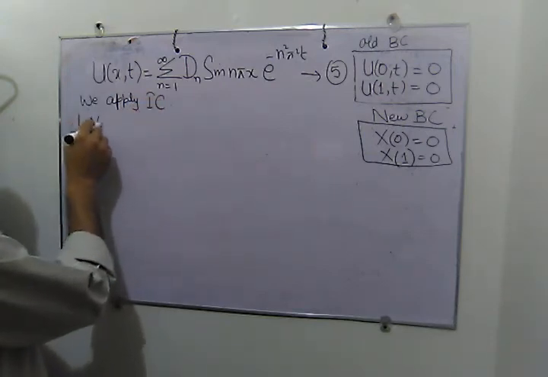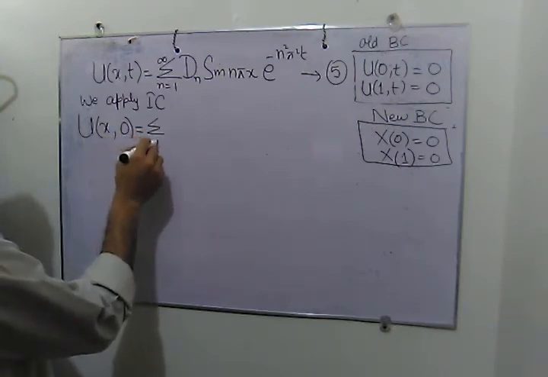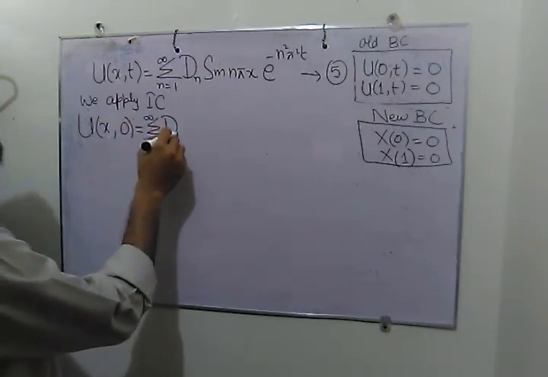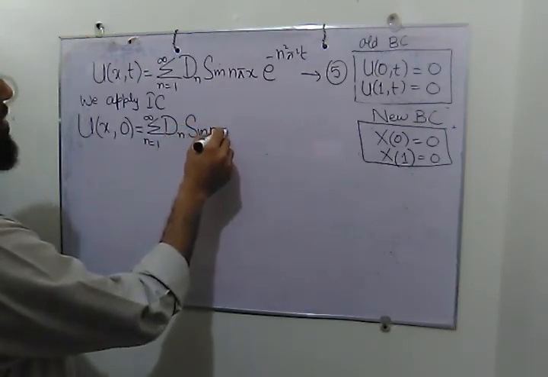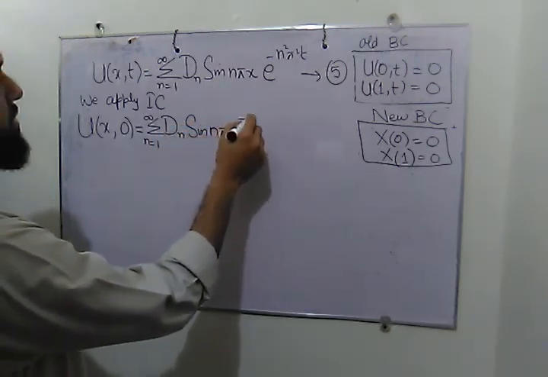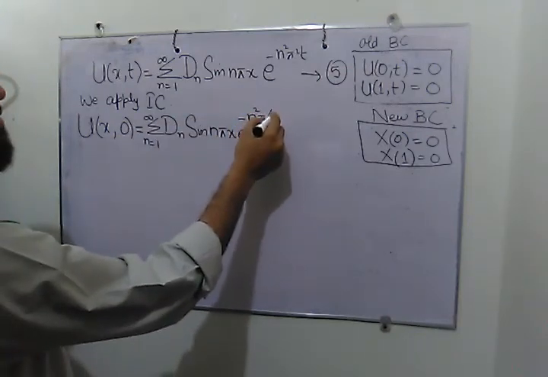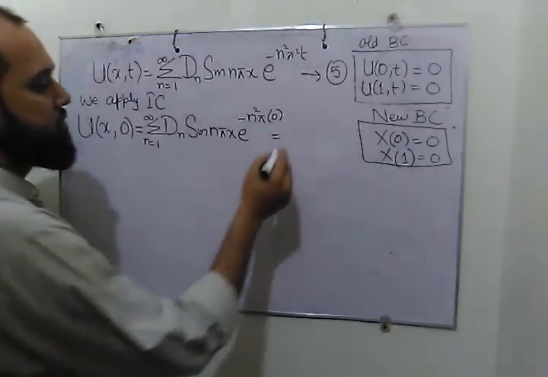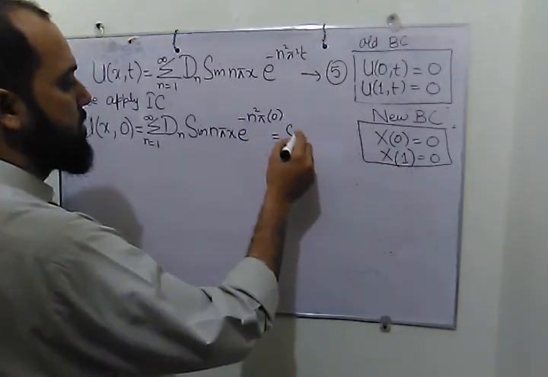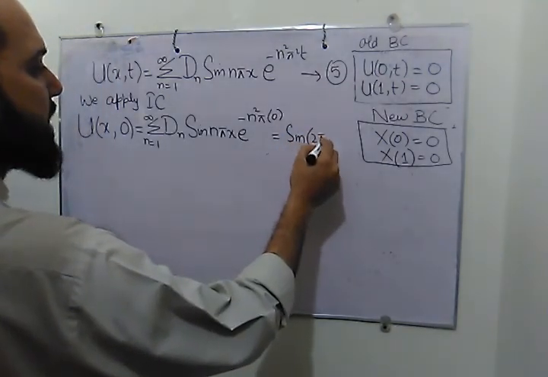And we apply the initial condition. The initial condition was always in the form of u(x,0). So that was summation n is equal to 1 to infinity d_n sine n pi x exponential minus n square pi square t, where t is equal to 0 here, t also equal to 0 here, and the initial condition u(x,0) was sine 2 pi x minus 1 upon 4 sine 3 pi x.